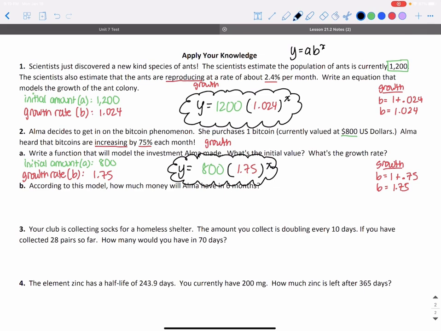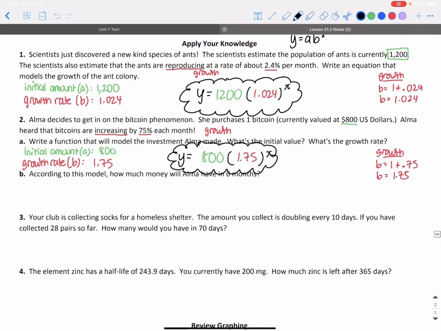For part b, I want to use this model to find how much money Alma will have in 6 months. So 6 months, this is the time. Time is x, so x is equal to 6. Usually it's years, but this is in months, because 75% each month was given to us. That was the growth rate in terms of per month.